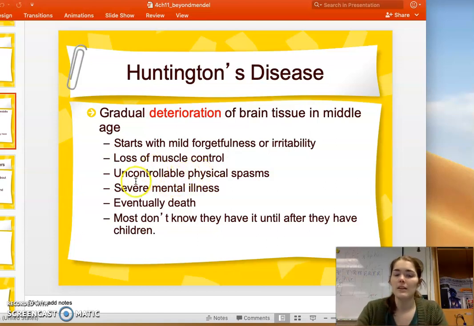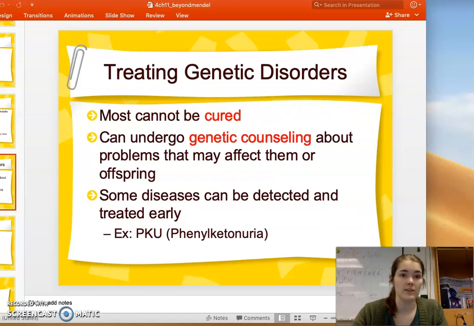Then it eventually deteriorates into severe mental illness, eventually death. Problem is it's genetic, and you're like, well, how do we have this going in our population? Because you don't know you have it till you're 40, so you probably already had a kid and passed those genes along. A parent with Huntington's doesn't always have a child with Huntington's, but they'll carry the disorder.